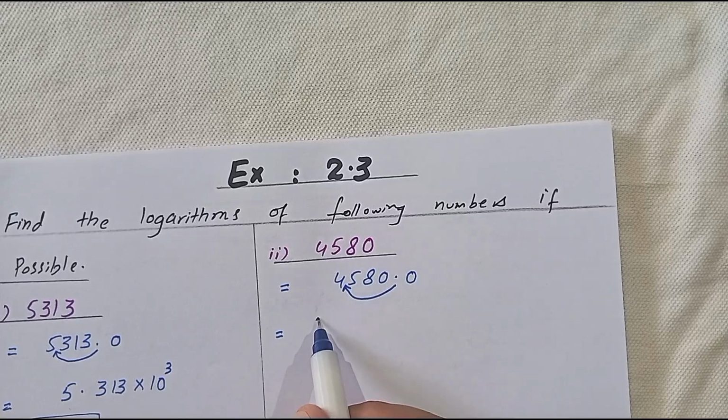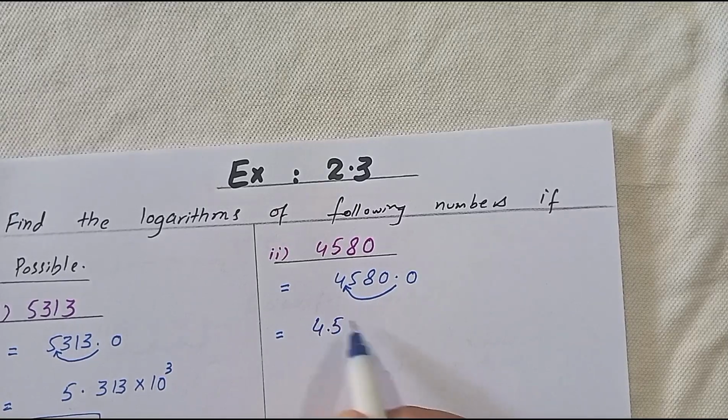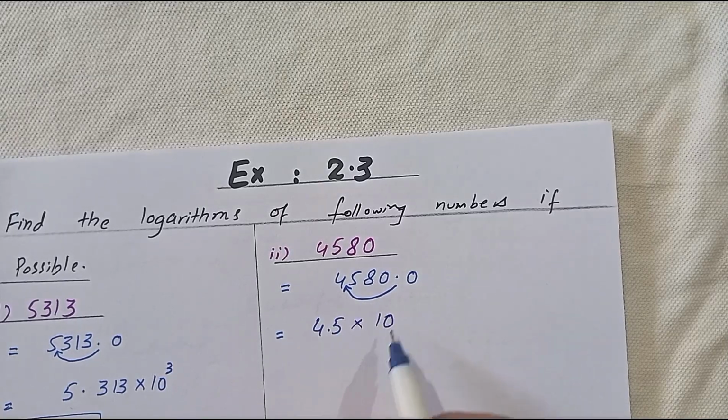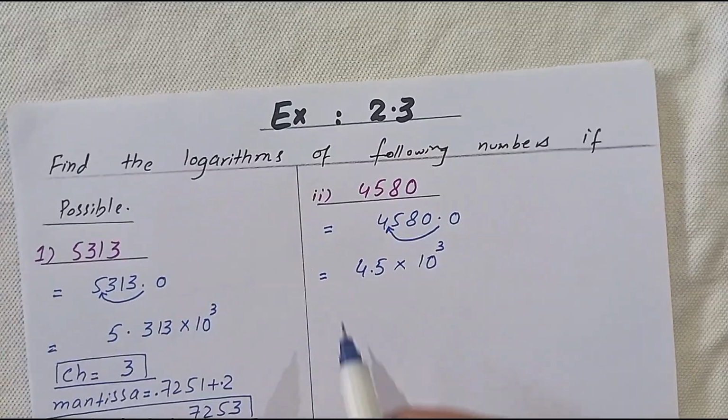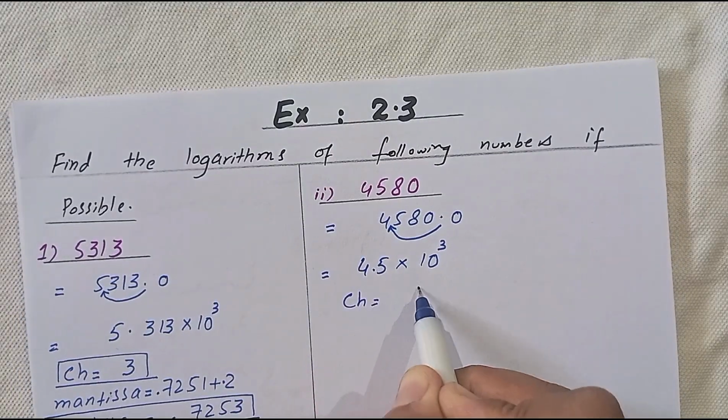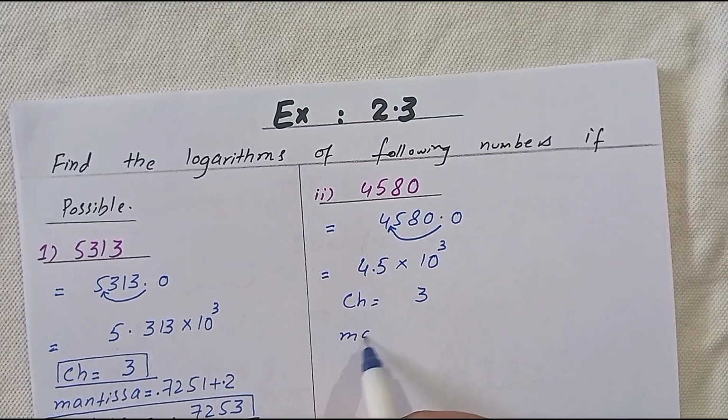So in scientific notation we write it as 4.58 multiplied by 10 to the power of 3. So here the characteristic equals 3, and what is the mantissa?